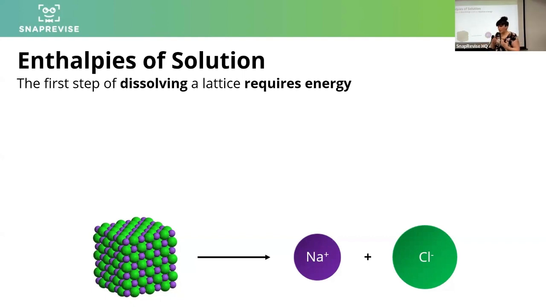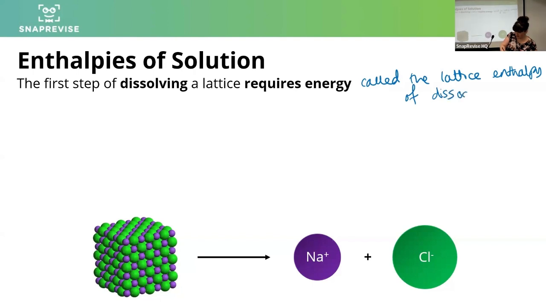We call that bond breaking the lattice enthalpy of dissociation. It's just the reverse process of formation. So the first step of dissolving a lattice requires energy, and we call that the lattice enthalpy of dissociation.